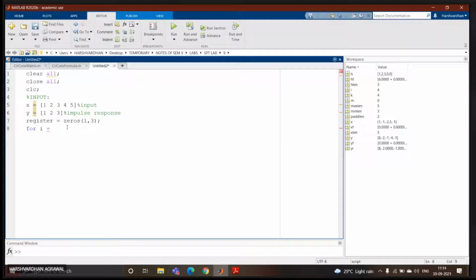Until you pass all the values of the input. So until when will it go? 1 to length of x. Then what will be the first operation? The first value of the register will be assigned the input. We need to multiply, right? No, sir. The first value of x we have to multiply with the register. No, what will be the first operation before multiplication? The entry of the input value into the register. Yes, the first value of the input will be entered as the first value of the register.